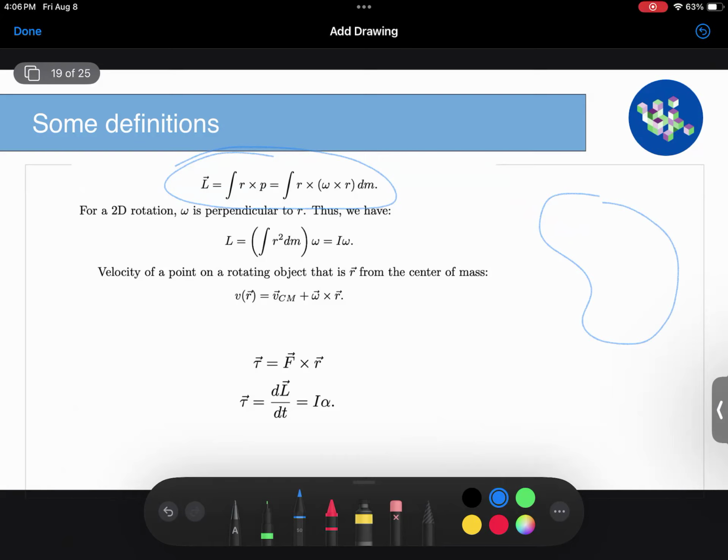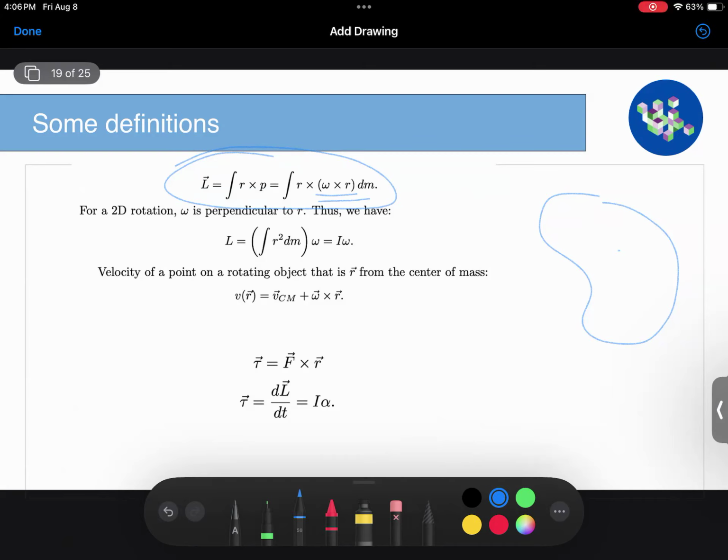Formally, you write it as an integral, right? Now, this is my integral of r cross p, and I'm assuming that this mass is rotating about its center of mass, and its velocity will be omega cross r. Of course, some people write it as r cross omega. It's the same thing.